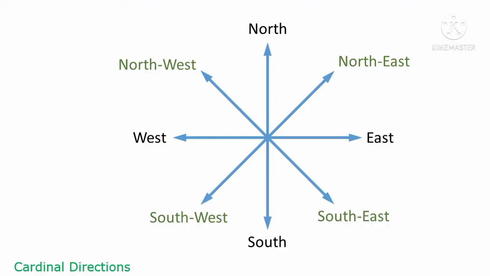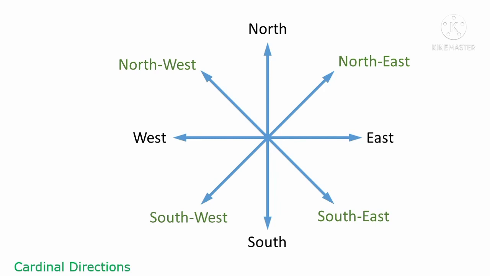And finally, cardinal directions. We know and have seen that in maps. Cardinal directions are the directions which are shown on the maps. Generally the topmost will be north and the bottom will be south. To the right hand side it is east, to the left hand side it is west.